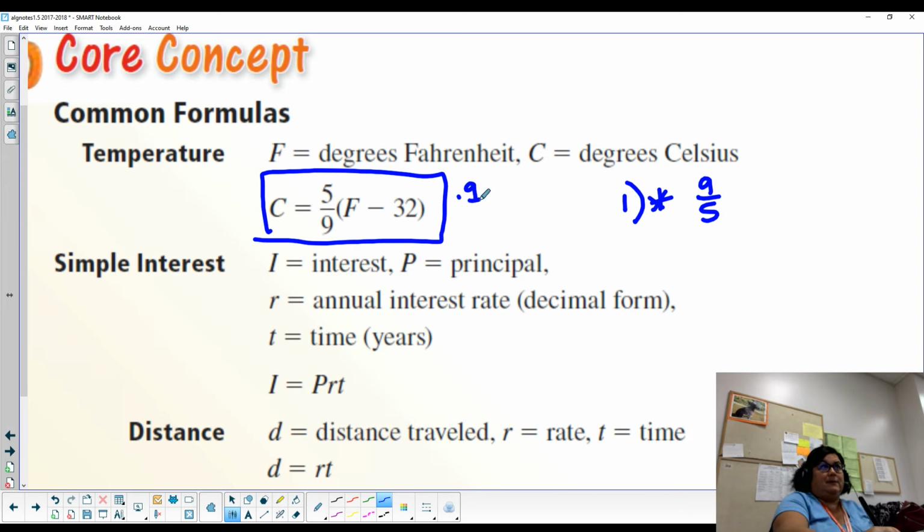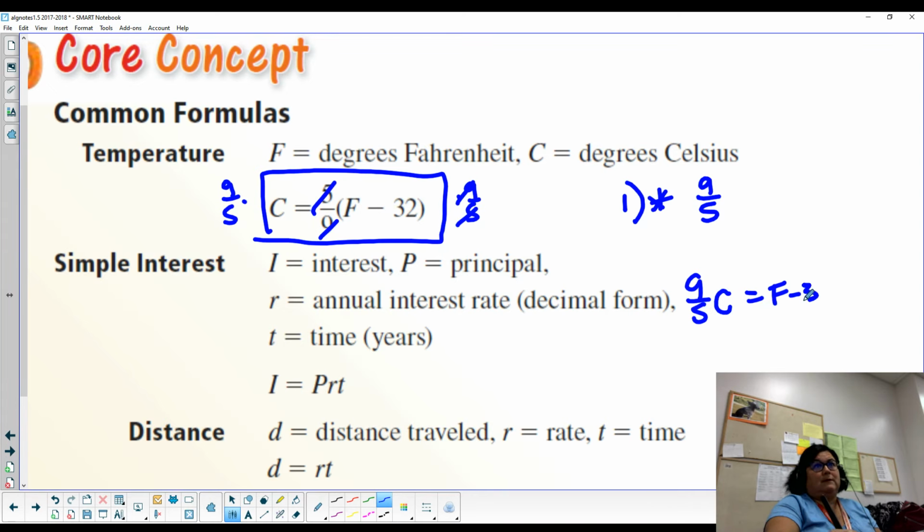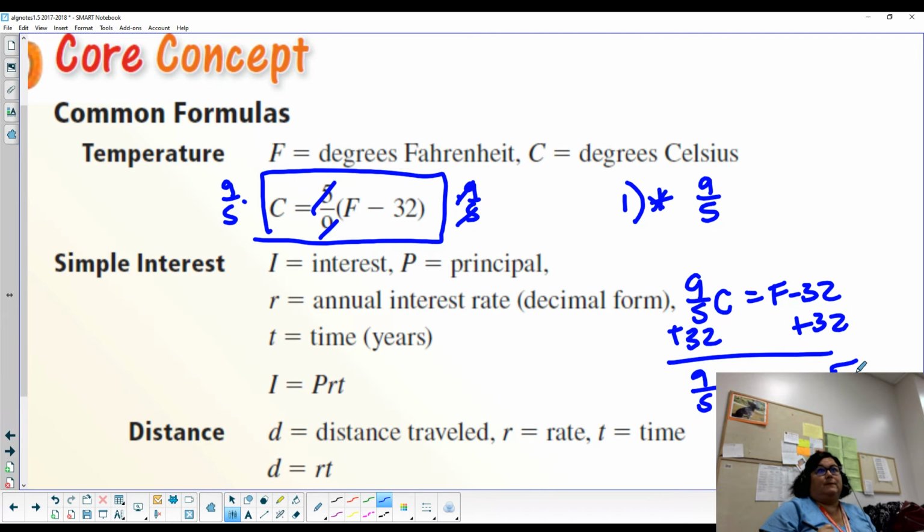So times 9 over 5 and times 9 over 5. On the right, the fraction would cancel, and we'd be left with this. Then we would add 32 to both sides. So you can go back and forth on any formula, really, if you want to solve for one particular letter or the other one on the other side.